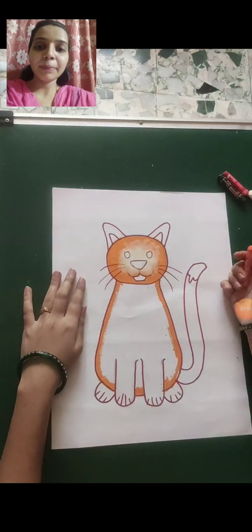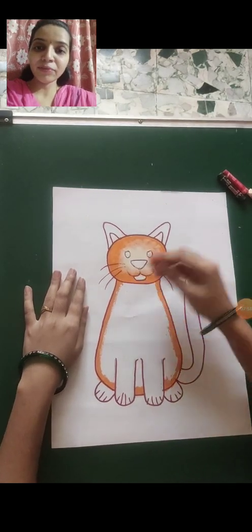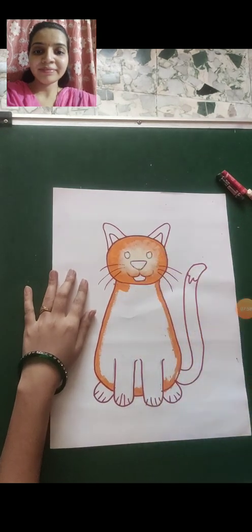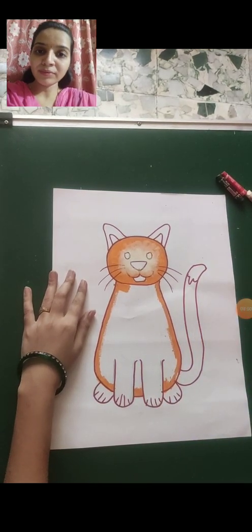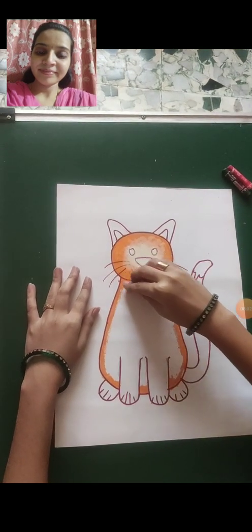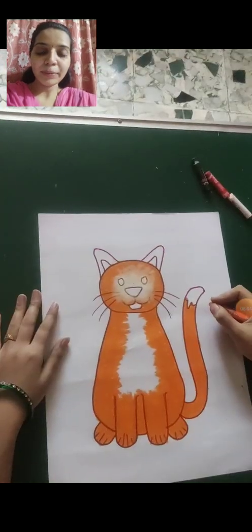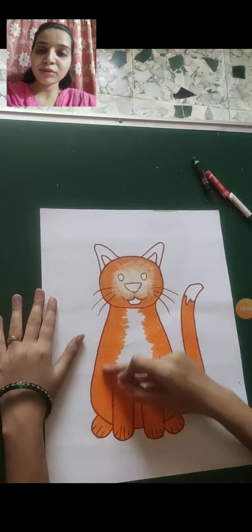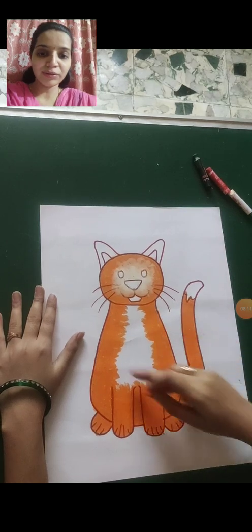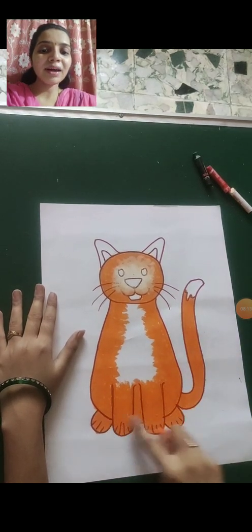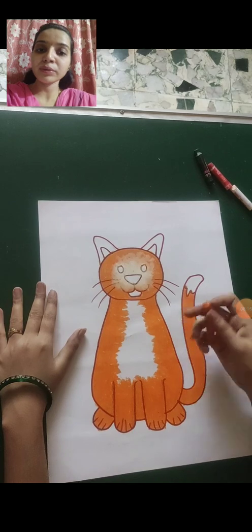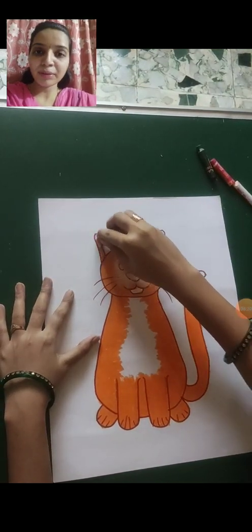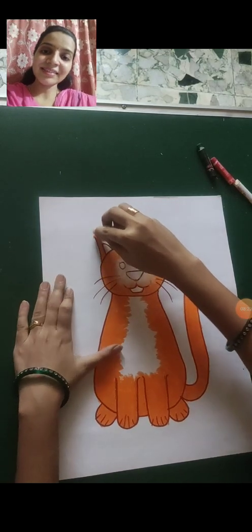Now see how I am coloring inside. In the same way you will do sleeping strokes. In the same way continue down. The remaining part I have done like this, orange. In the legs also and in the tail also I have done orange. But see how much orange I have done, you also do that much. Okay. Now orange color in the ears also I am giving like this.